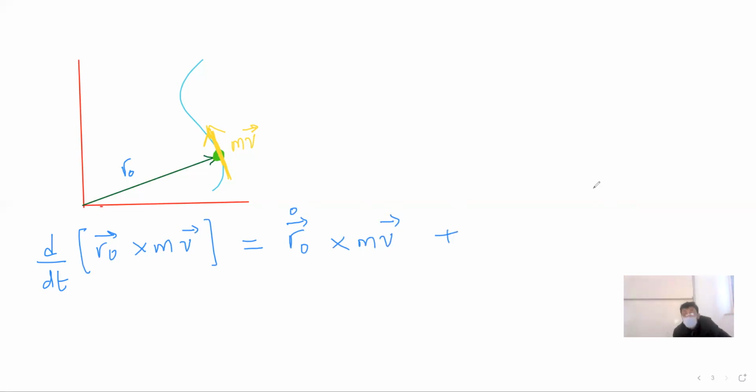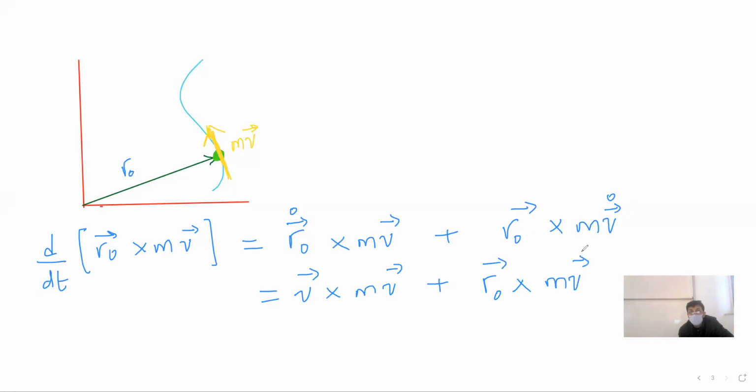It will be R naught multiplied by mv dot. Now I do understand that R naught dot is nothing more than V, right? So V cross mv plus R naught, which is a position vector, cross mv dot.